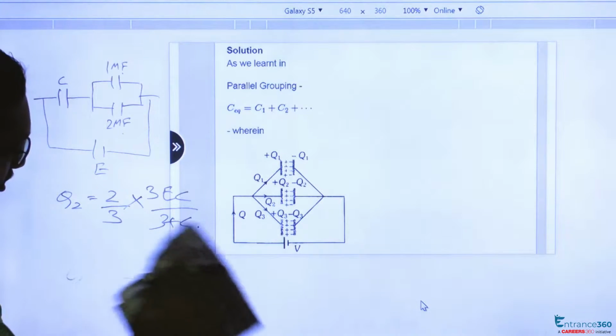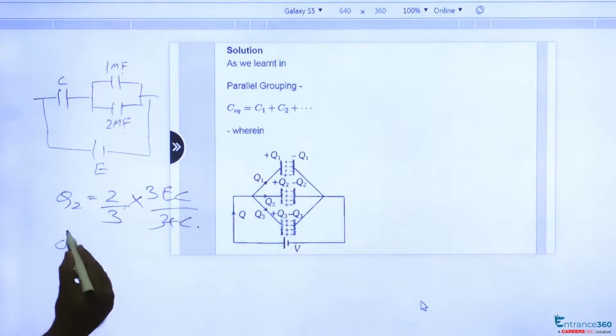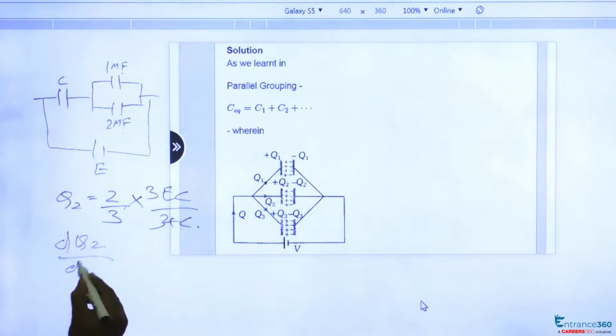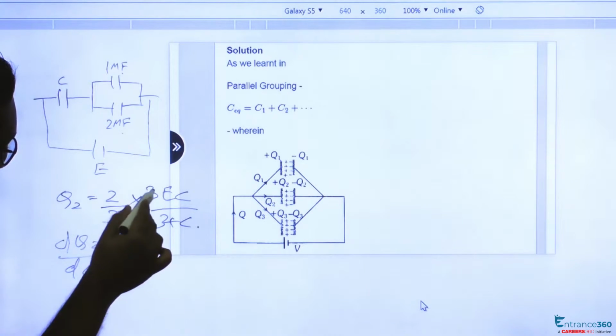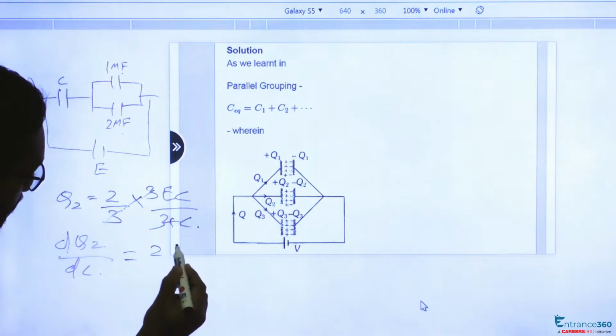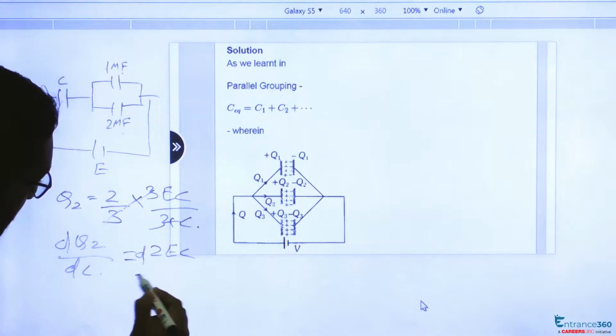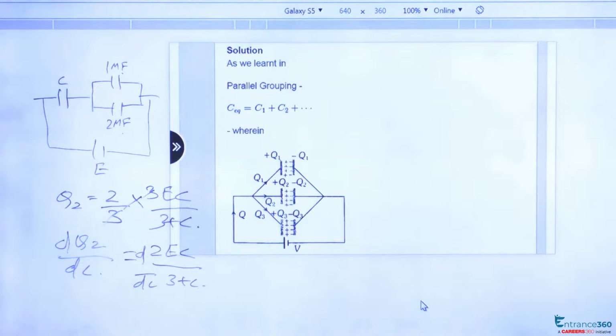So let's see how the charge varies as a function of C. How does this charge Q2 vary as a function of C? dQ2 by dC will be, anyway, the 3 will get cancelled, and the remaining term is d by dC of 2EC by 3 plus C. How do we differentiate this?